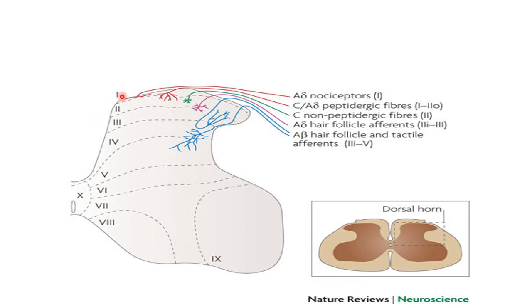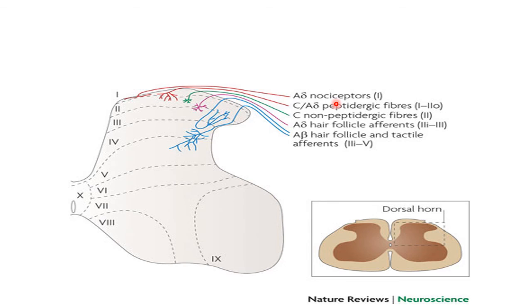In this diagram there are again 1 to 10 layers, but these layers are specific in receiving information. Layer 1 receives information from A delta nociceptors.